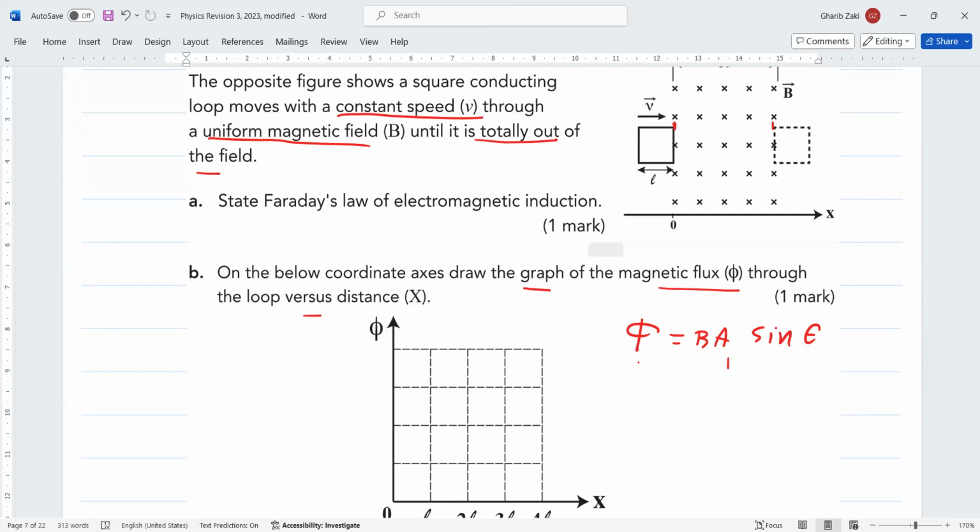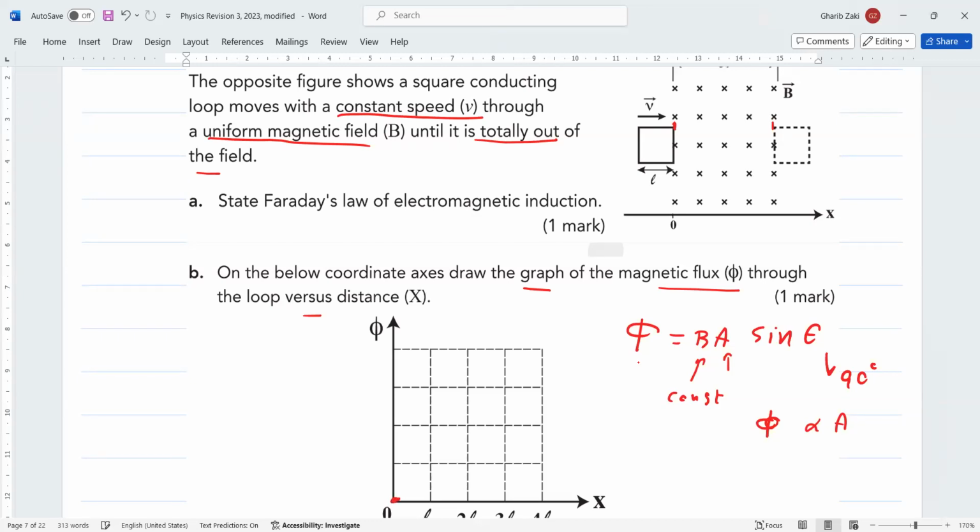But now here, B is constant, it's uniform, and the angle is 90. Then phi depends on the area. So phi is proportional to the change in area. At the beginning, the area is 0, so phi is 0.